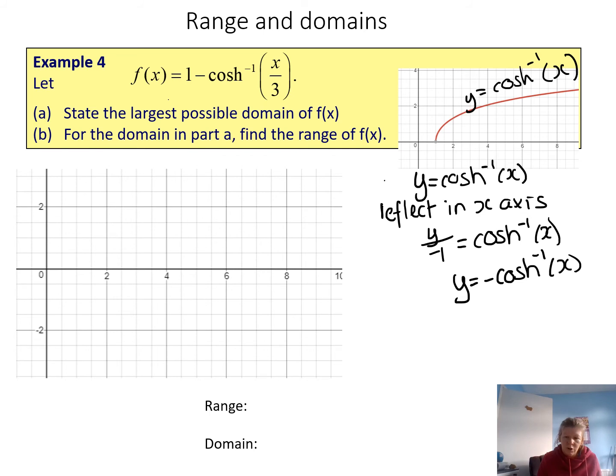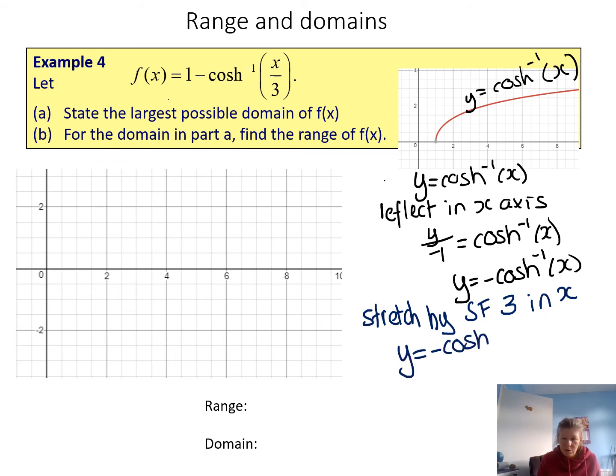Then we do the stretch by scale factor 3 in x, which leaves us with y equals minus cosh minus 1 of x over 3. That's easy.